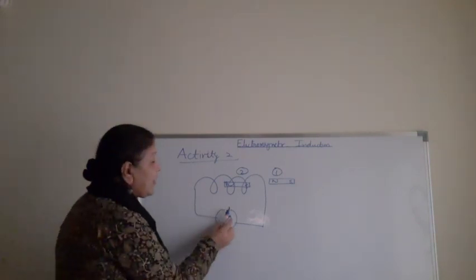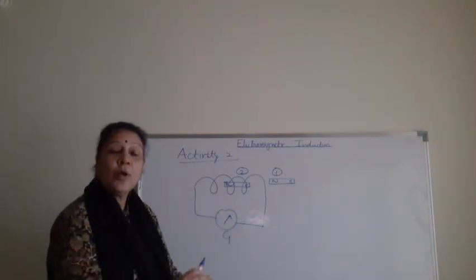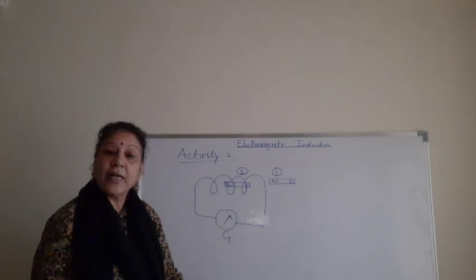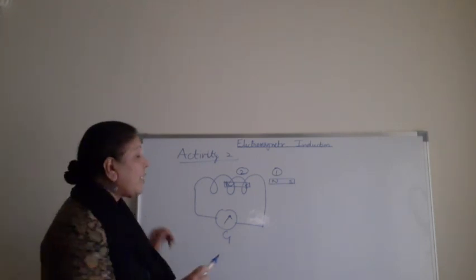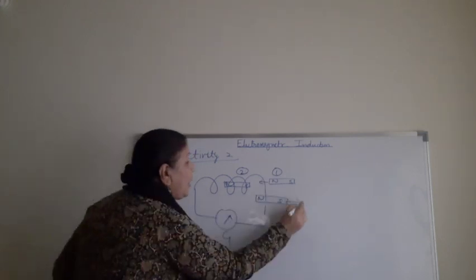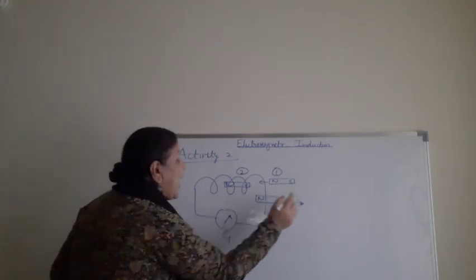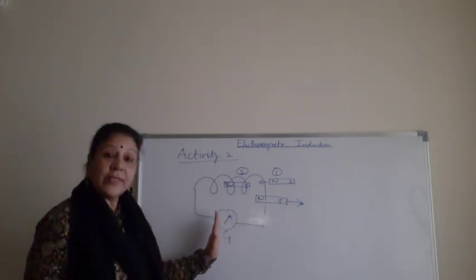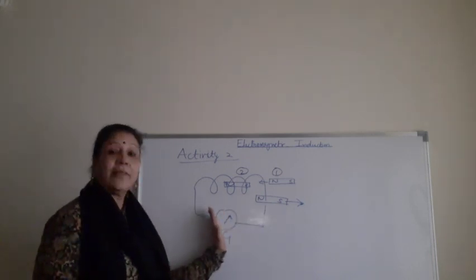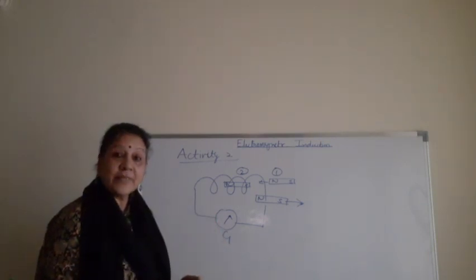This pointer will come again to 0, showing that there is no electric current flowing in the coil. Third, I'm going to pull out the magnet. I'll see the deflection in the galvanometer for a moment, a momentary deflection, but to the other side.